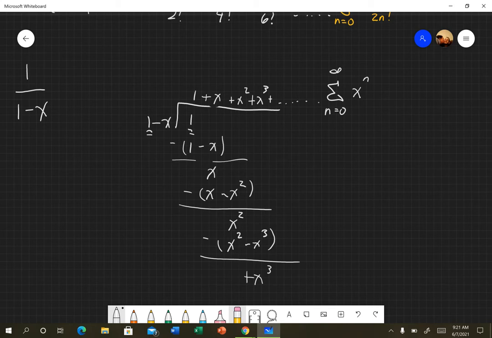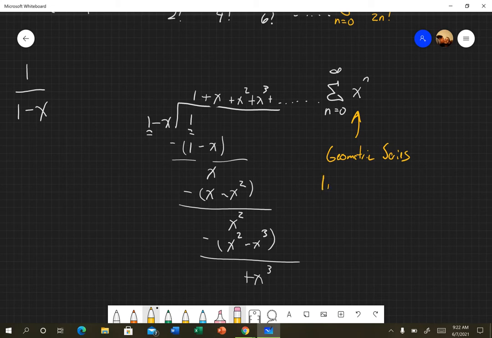What does this look like? Well, looking at this right here, this looks like a geometric series. And in fact, this is a geometric series. And this is going to converge at very specific points. This is going to converge when we have a ratio that keeps that value under 1.